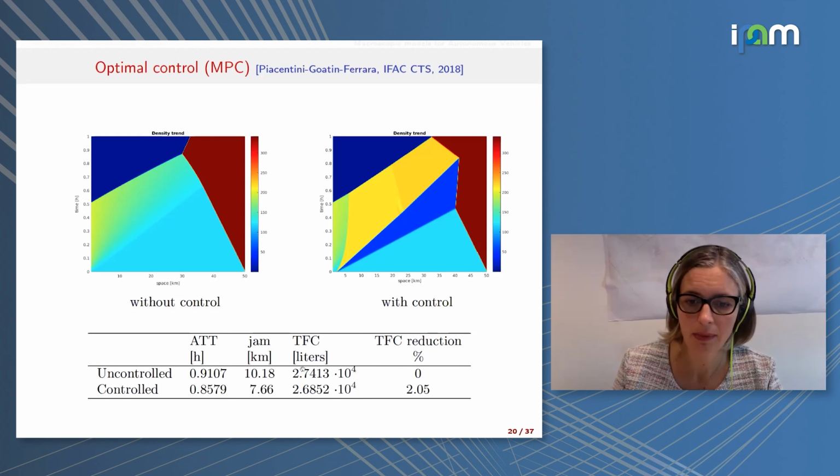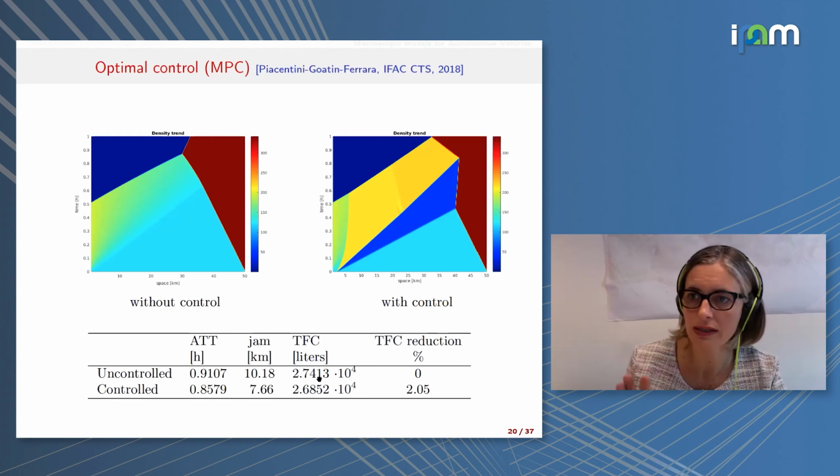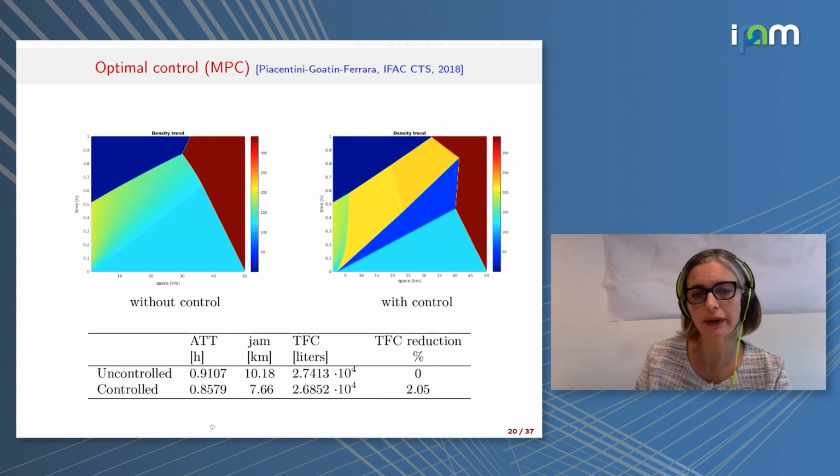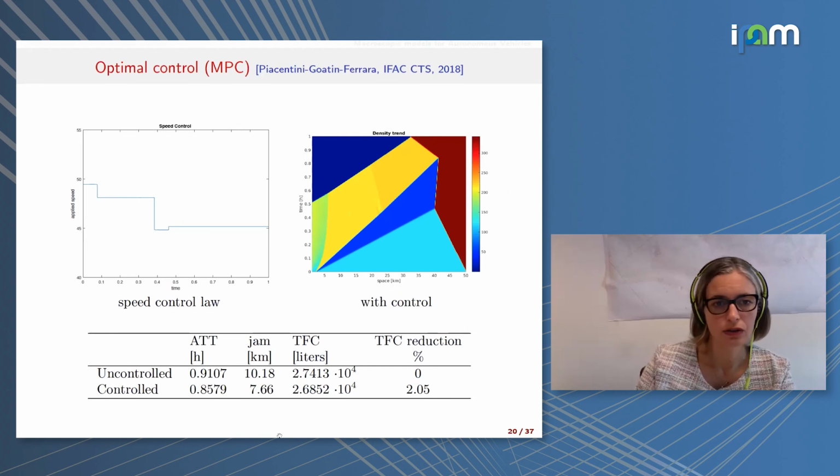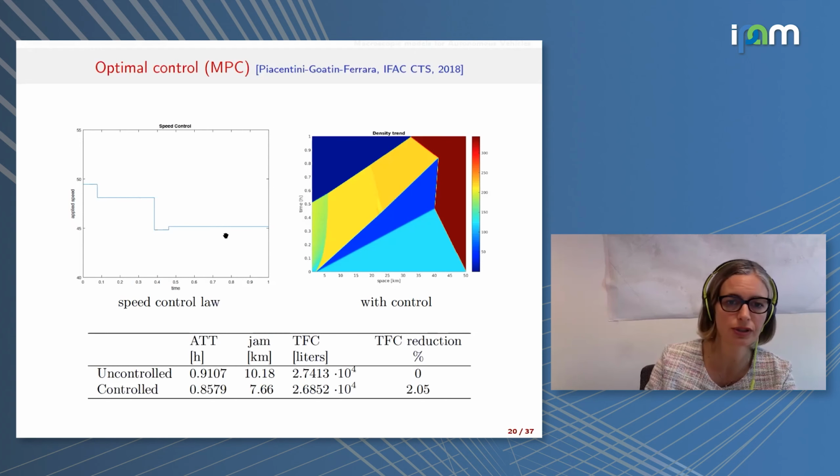And it came up that focusing on fuel consumption, we were also able to reduce the other metrics. Okay, so this is the resulting control velocity. You see that we make the velocity vary between basically 45 and 50 kilometers per hour.